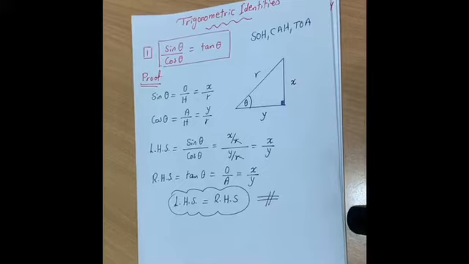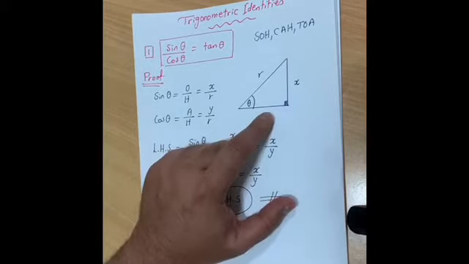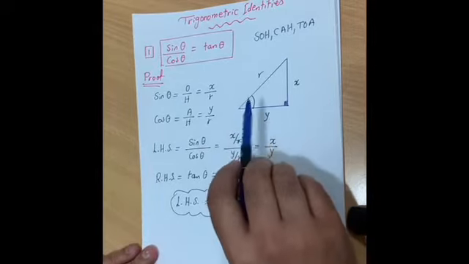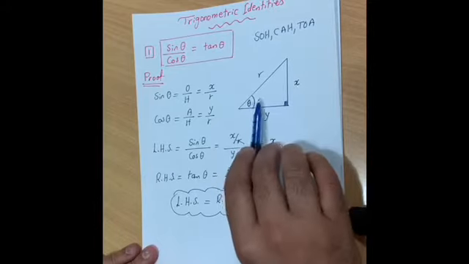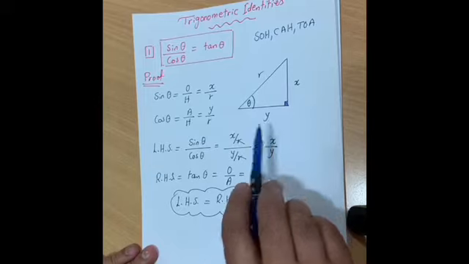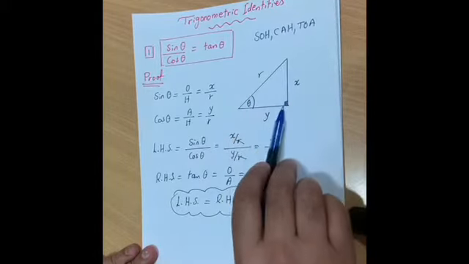Fine. Now how are you going to prove that sine over cosine is equal to tan? As you have a right angle triangle, which means we're supposed to use Pythagoras. Remember Pythagoras. If you have angle theta, this side is at the front of this angle. So this is the opposite, this is the adjacent, and this is the hypotenuse. If the angle is here, now you're going to change these two sides.